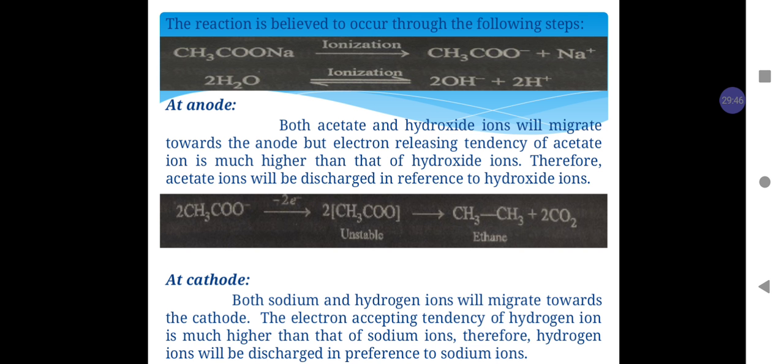At cathode, they will undergo reduction because the electron accepting tendency of hydrogen ion is much higher than that of sodium ion. Therefore, hydrogen ion will be discharged in preference to sodium ion.